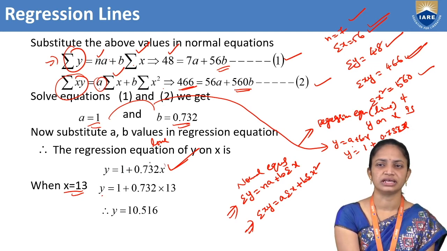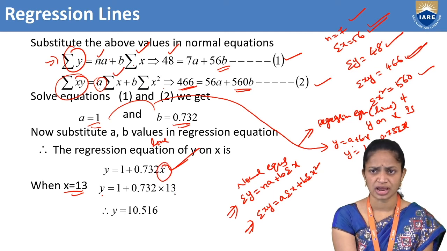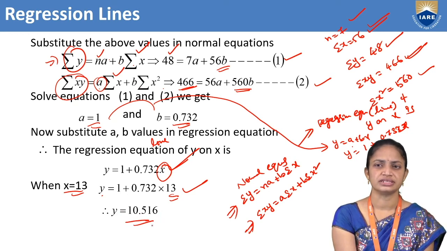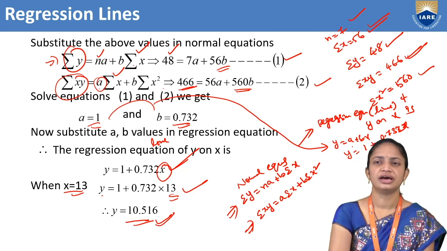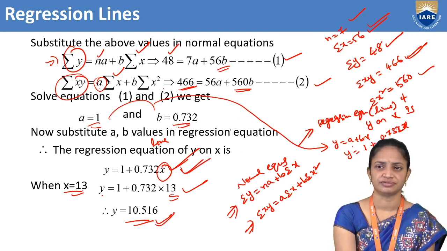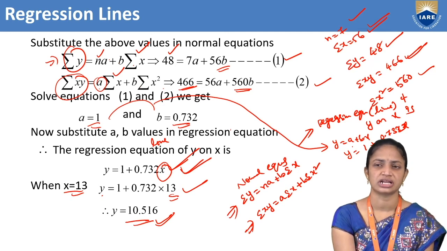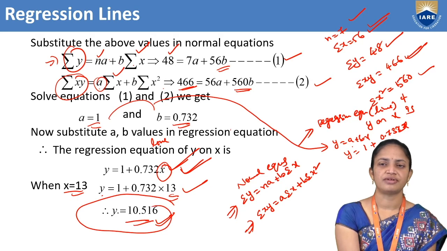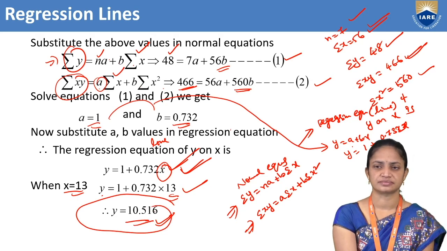So y equal to 1 plus 0.732 into x value, which is 13. After simplification we will get y equal to 10.516. So this is the required regression equation, and here the y value is y equal to 10.516.